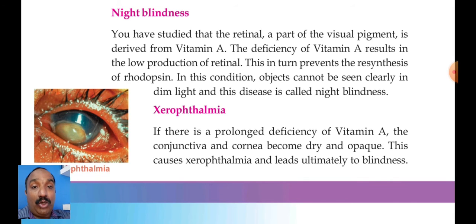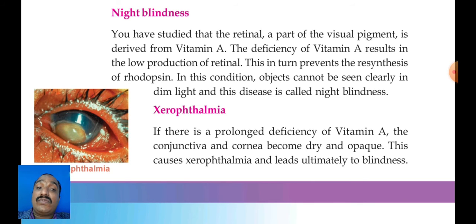So the prolonged deficiency of vitamin A leads to drying of the cornea and conjunctiva, and the cornea becomes opaque. That condition is called xerophthalmia. Then slowly xerophthalmia leads to which condition?